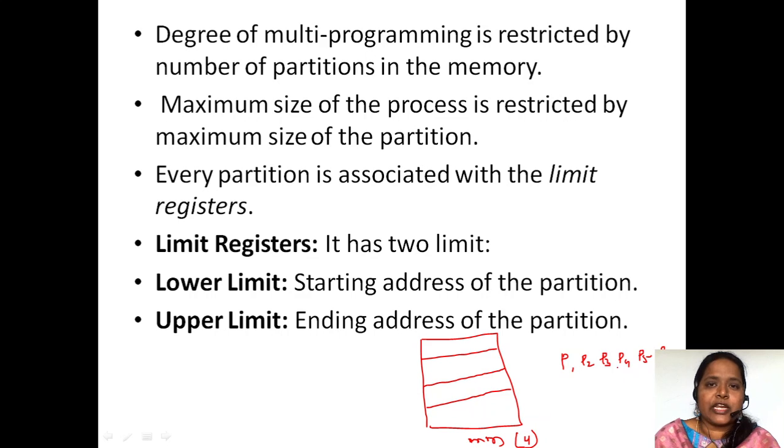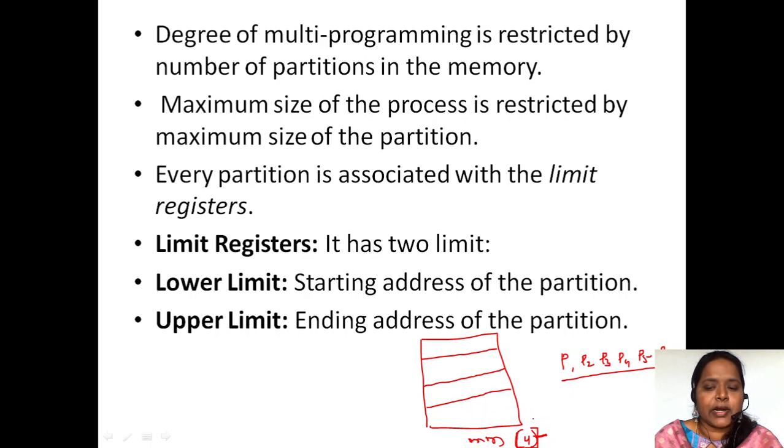Degree of multiprogramming means the number of processes kept in the main memory. Can we keep 5 or 6 processes in the main memory? No. So the degree of multiprogramming is restricted.